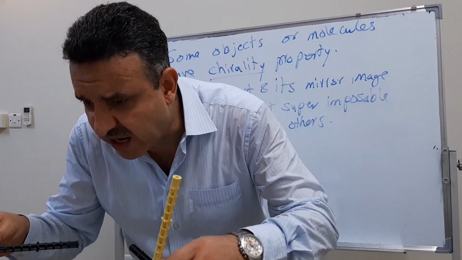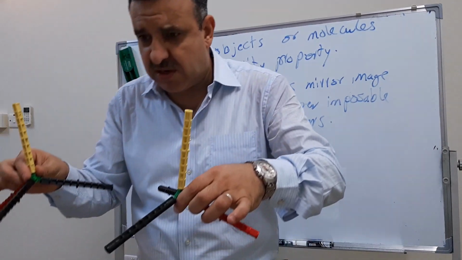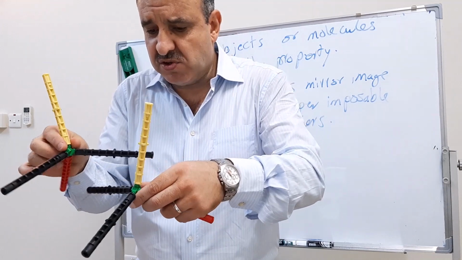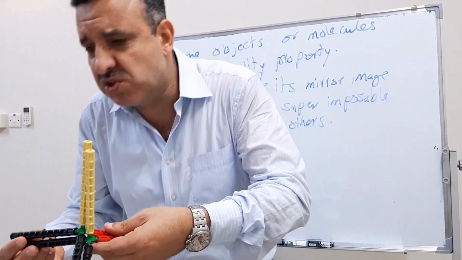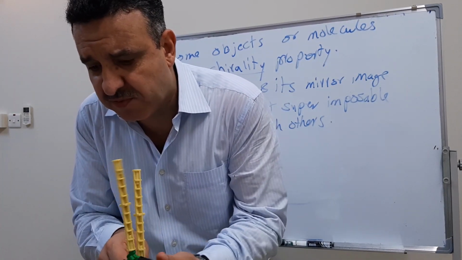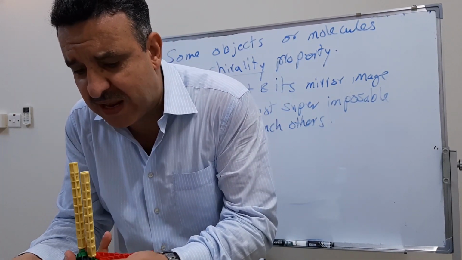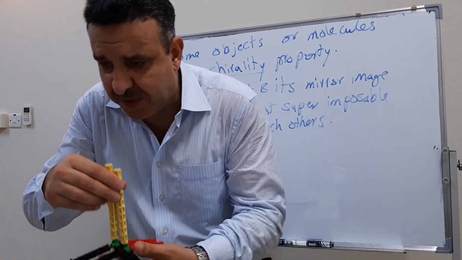Now, let's try to superimpose these two objects onto each other. If you try to superimpose, you will see you can superimpose every atom on its type. So the black goes on the black, yellow on yellow, red on red. Do you follow me?